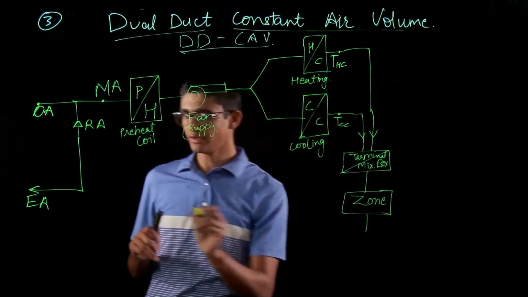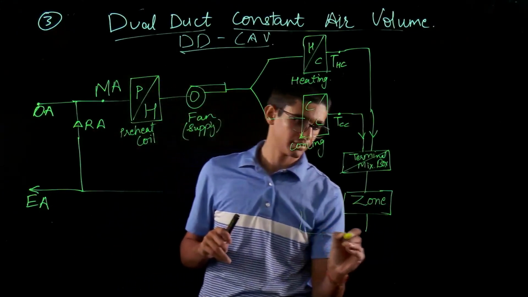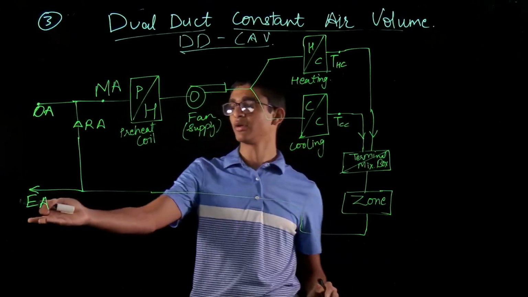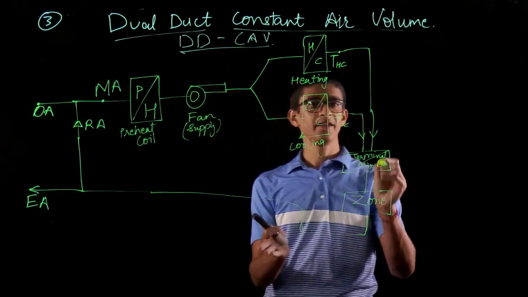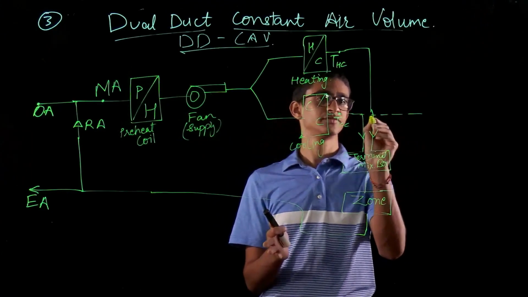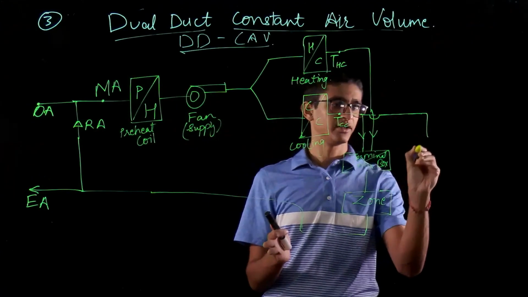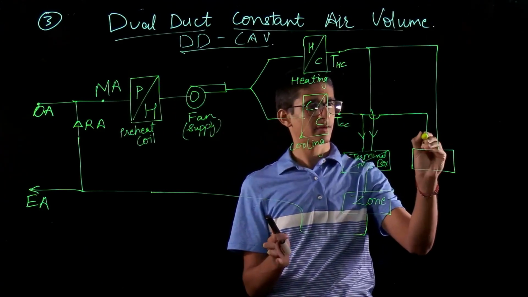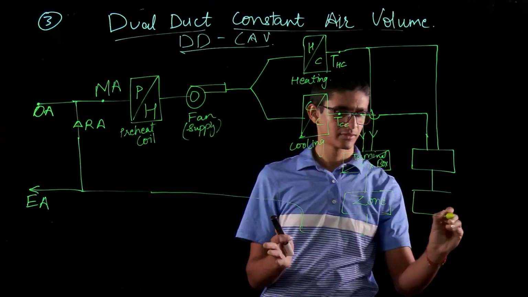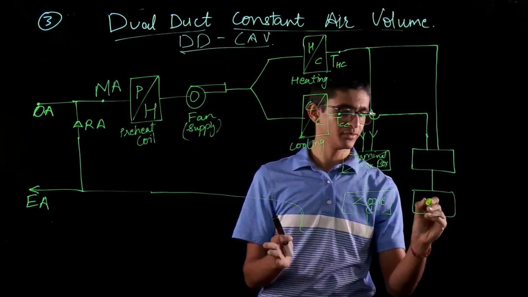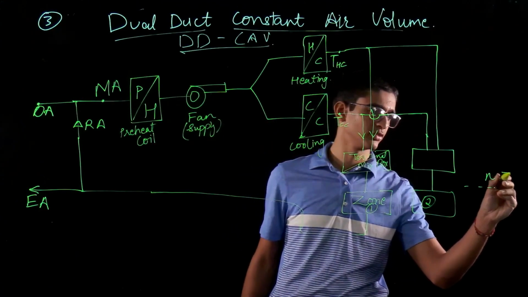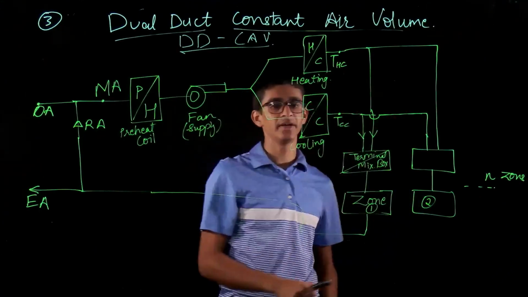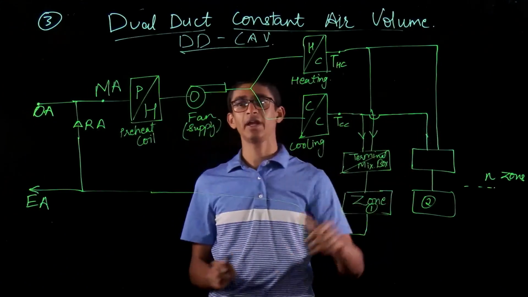From the zone the air comes back to exhaust or return. In the same way it could be supplied to other zones also. So this could be the first zone, this could be the second zone, and in that way we have n zones available to us.